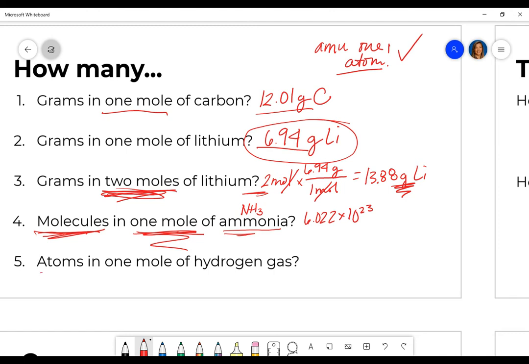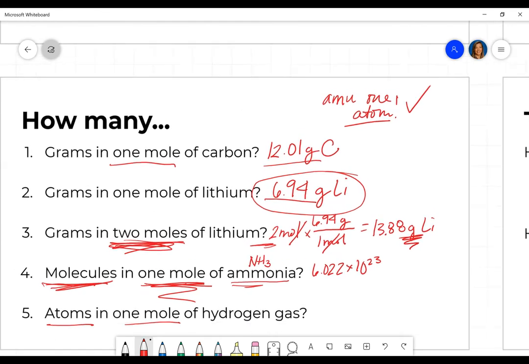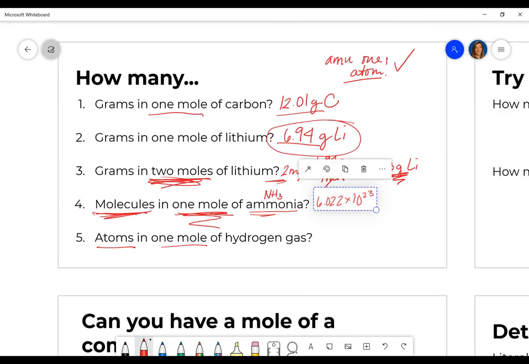Okay, how many atoms are in 1 mole of hydrogen gas? This is tricky. I'm going to have you guess right now. Get in an answer. Okay, don't forget hydrogen gas is H2, which means there are 1 mole of molecules.